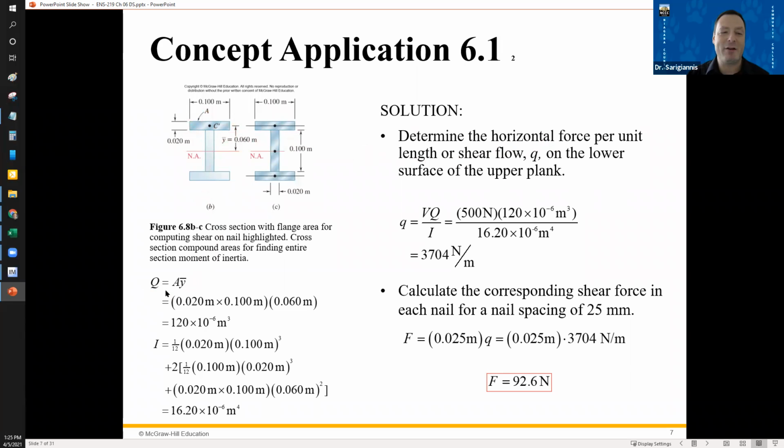It's basically the area times the y bar. Y bar is the distance of this area's centroid from the neutral axis. See, that's where that 0.06 meters comes from. So we've got the area, 0.02 times 0.1 meters, times that distance. So all we're doing here is this moment, right, of that area about the neutral axis is 120 times 10 to the minus 6 meters cubed.